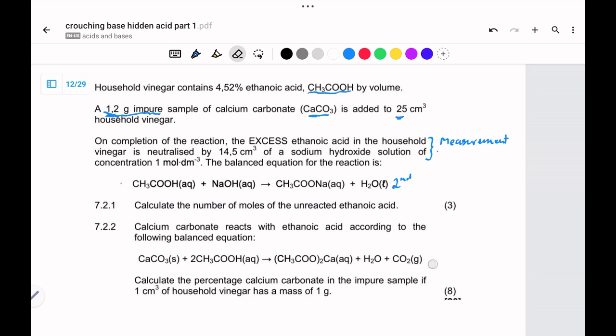You write it like this. Okay, so this measurement here is simply telling us about the final state of the ethanoic acid.